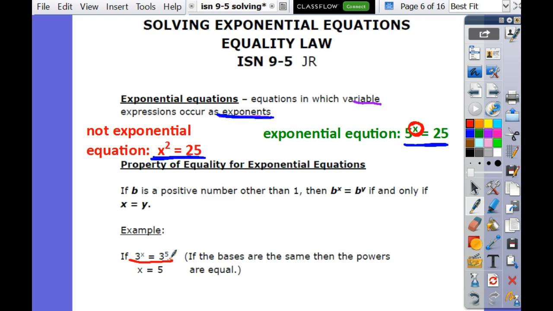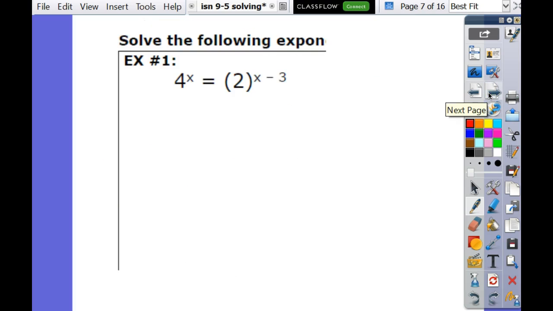So let's look at example number 1. The bases are not equal. First, I need to have the bases equal. Can I replace that so that the bases will be equal? Is 2 squared equal to 4?